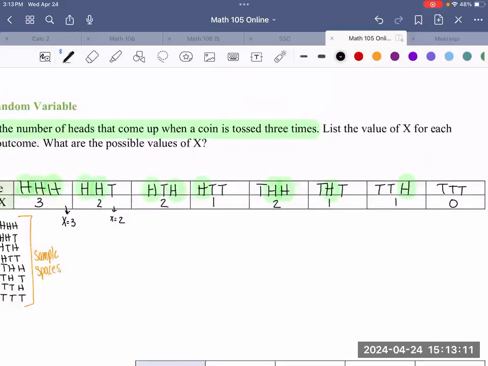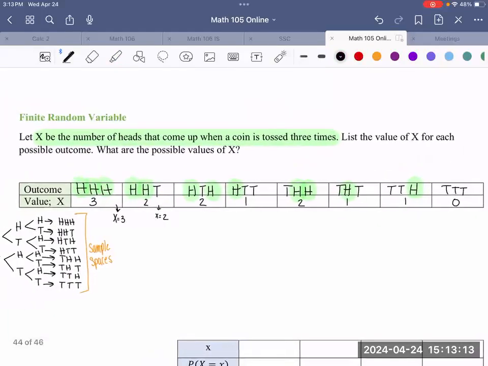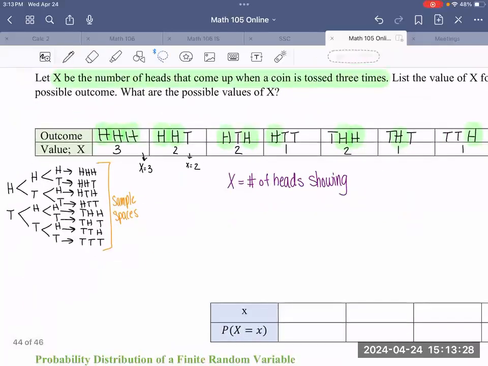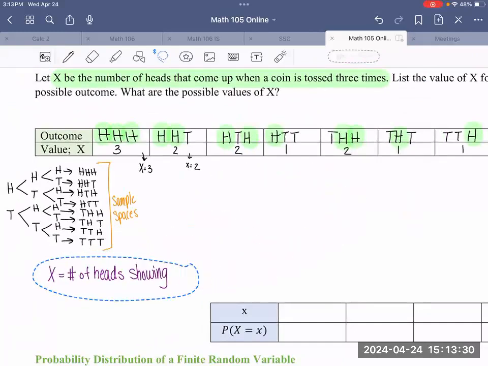Okay. So keep in mind, we're going to define X as the number of heads showing. Nothing tricky about it, just the number of heads showing. I'm going to move this down here.